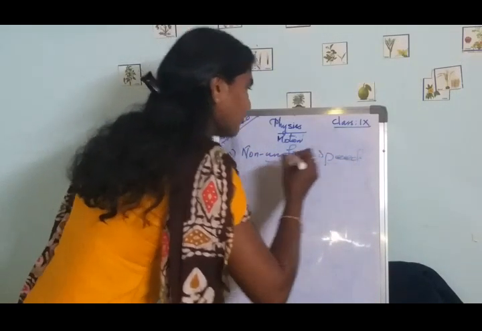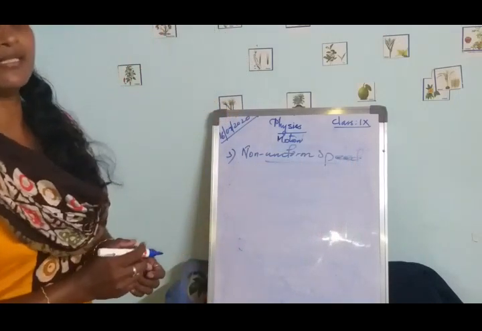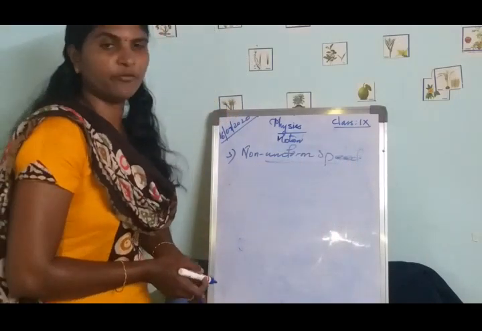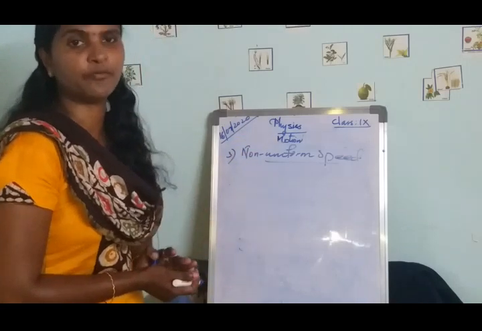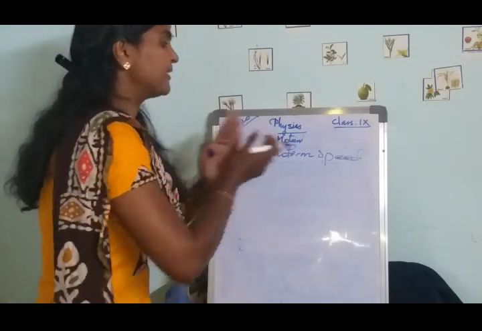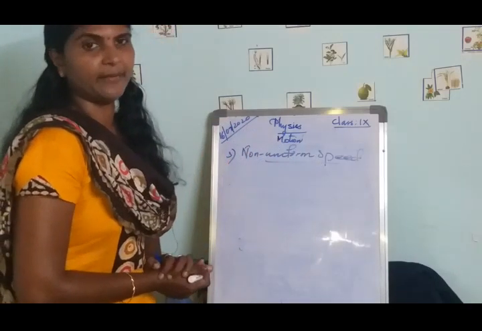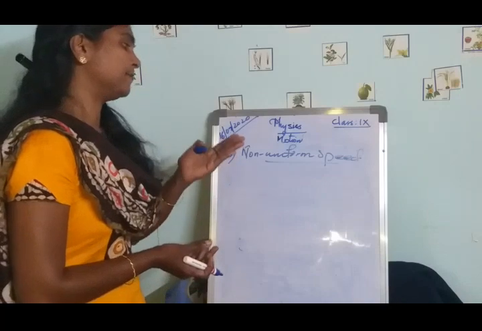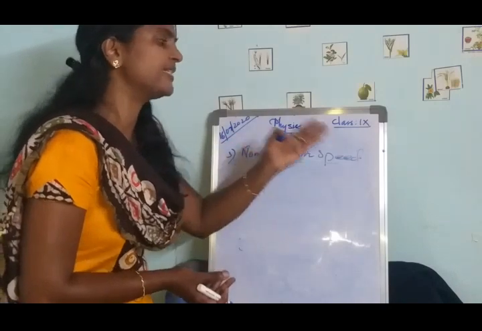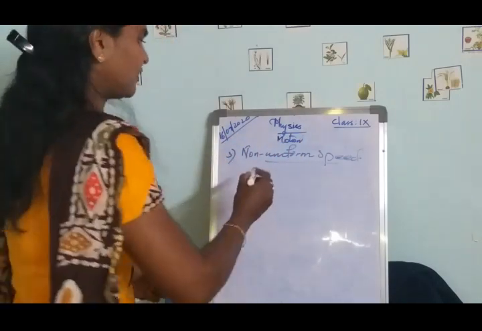The object does not cover equal distances in equal intervals of time. That means the object covers unequal distances in equal intervals of time. Then the object moves with a non-uniform speed. Then how can we represent the distance time graph for an object in non-uniform speed?